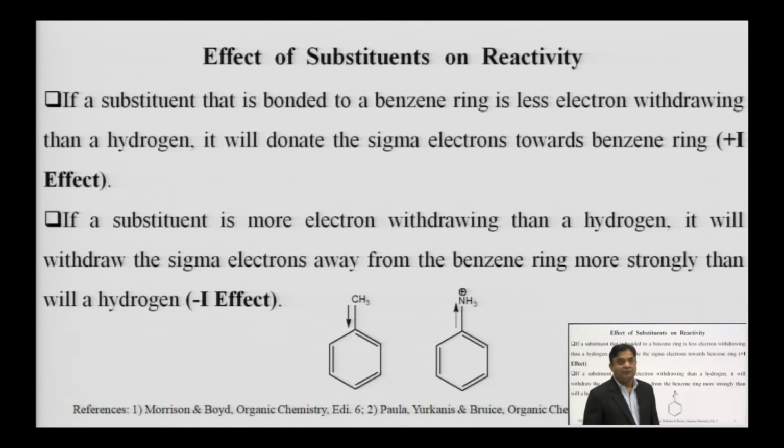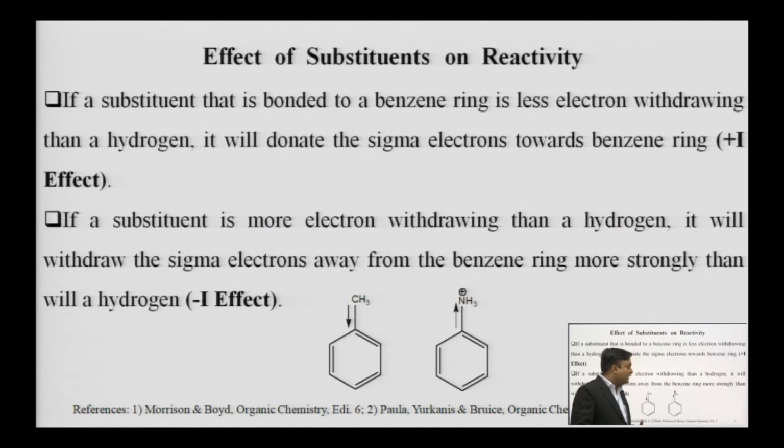So, if a substituent bonded to the benzene ring is less electron withdrawing than hydrogen, it will donate electrons towards the benzene ring, meaning it has a plus I effect. If a substituent is more electron withdrawing than hydrogen, then it will withdraw electrons away from the benzene ring, and it is said to have a minus I effect.